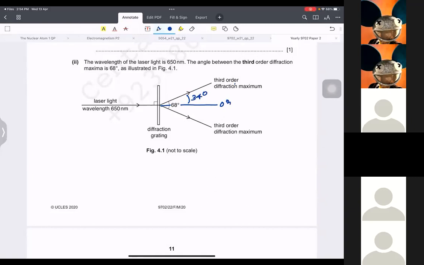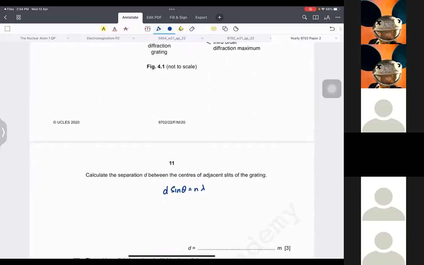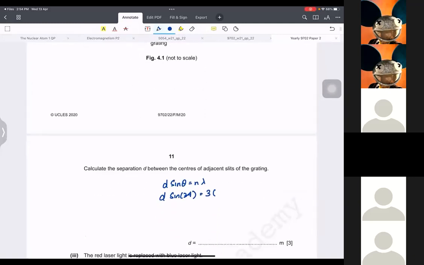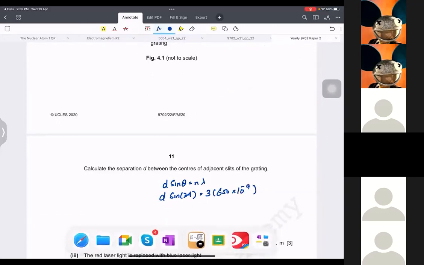Now we'll add the values: theta is 34, this is the third order, and lambda is 650 nanometers. Nano is 10 raised to minus 9, right?